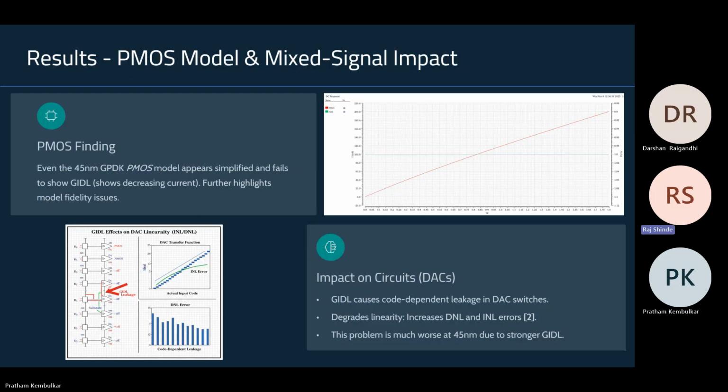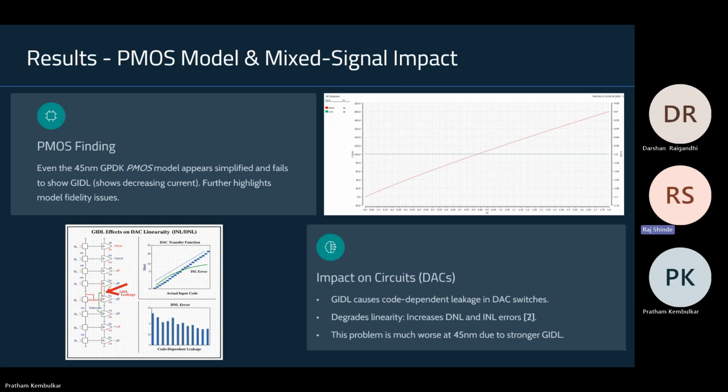So, okay, we'll now come to PMOS and mixed signal impact. We have also examined PMOS devices and observed that even at 45 nanometer, the standard GPDK PMOS model oversimplifies the GIDL effect, showing a decreasing rather than increasing leakage with voltage. This suggests that model fidelity remains a limitation even at modern nodes.